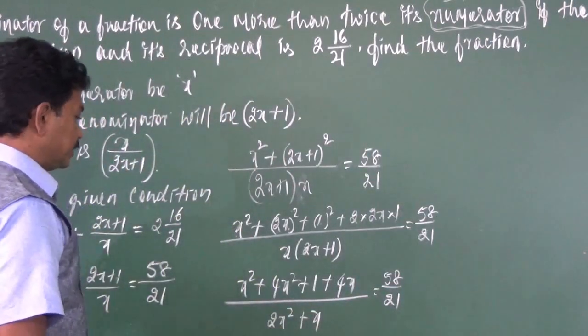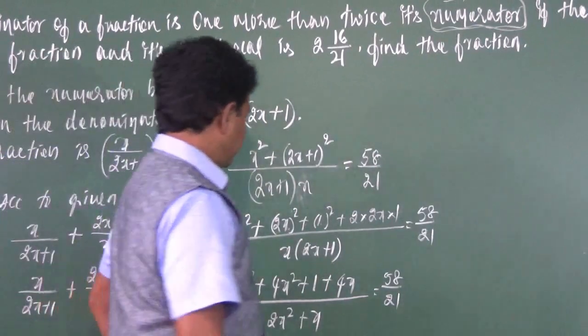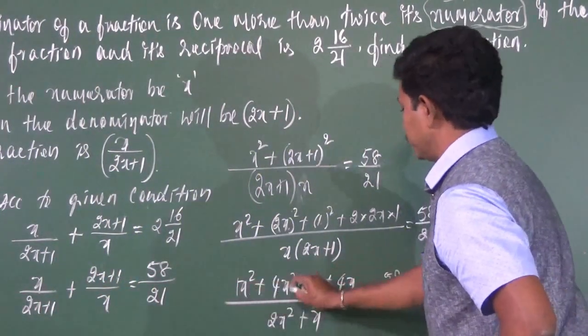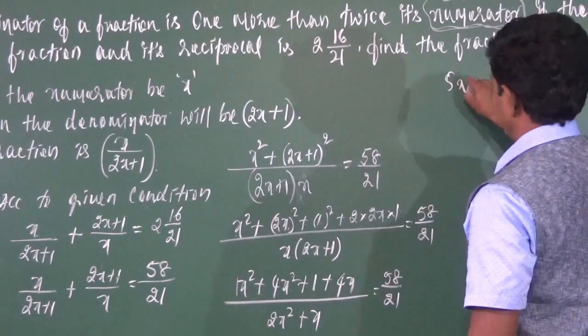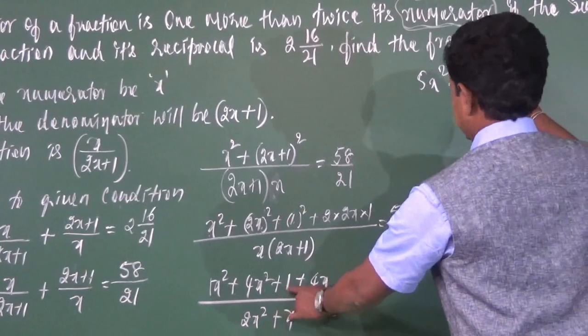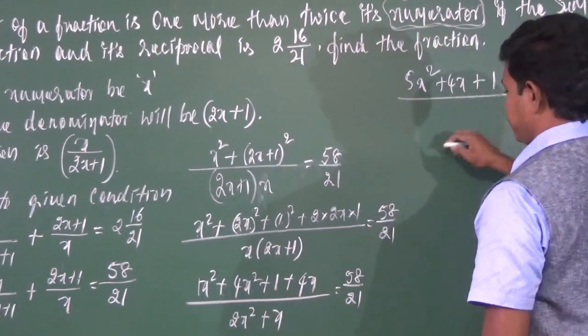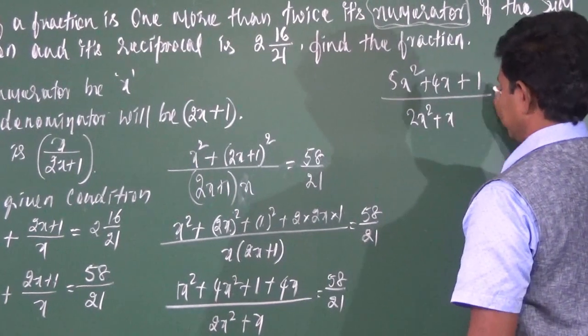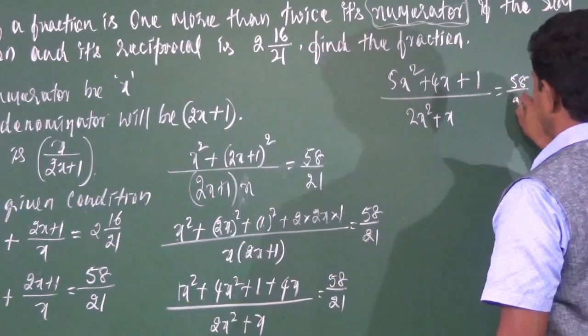Let us simplify still further. So 1x square plus 4x square is 5x square plus 4x plus 1 by 2x square plus x is equal to 58 by 21.